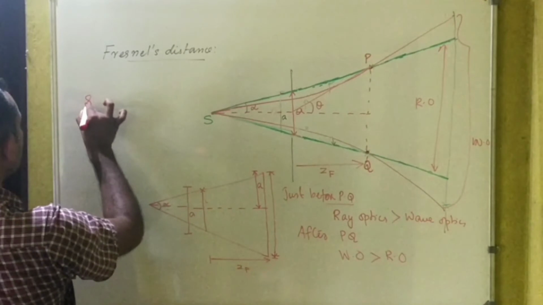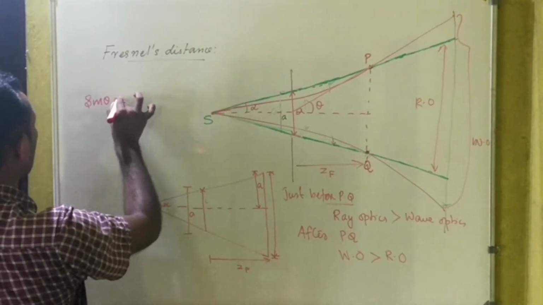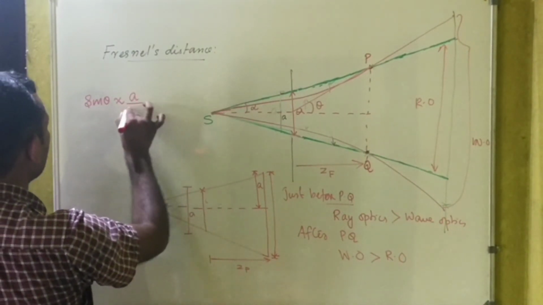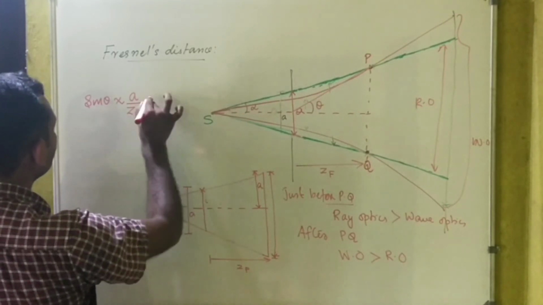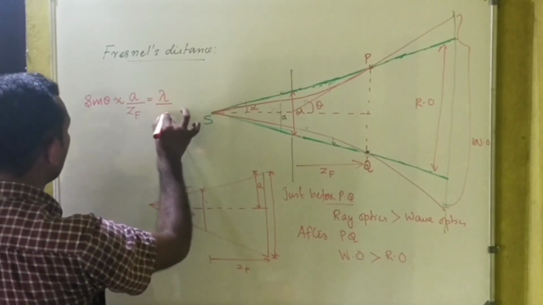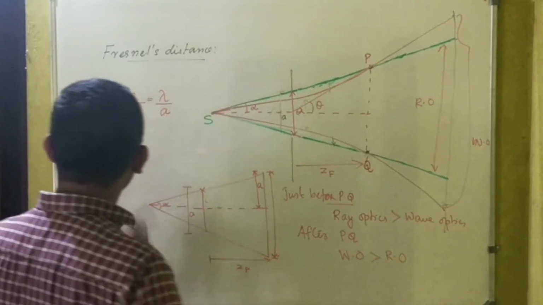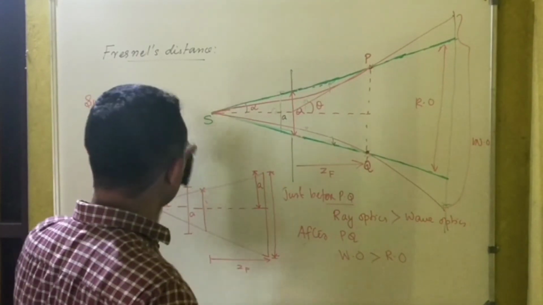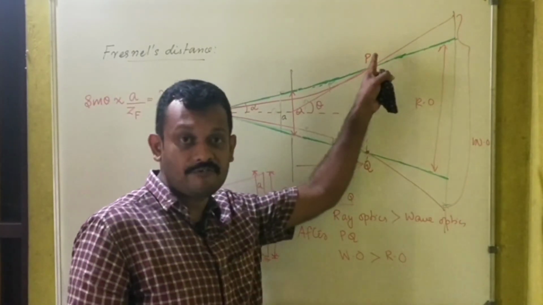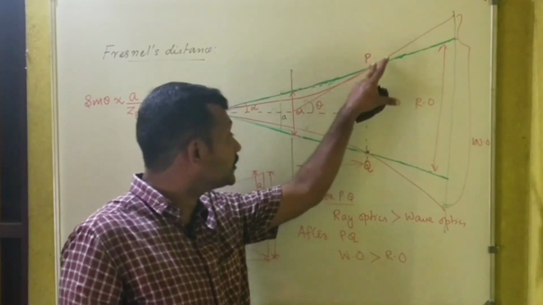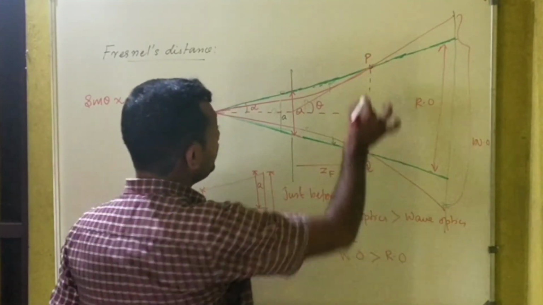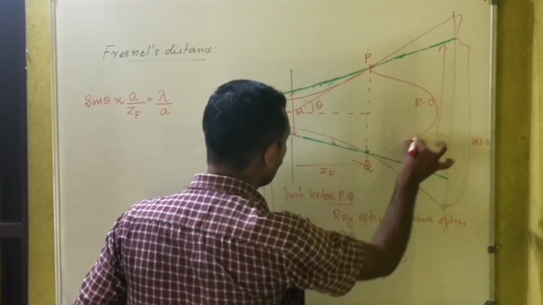Now from here you can see that sine theta is approximately equal to A divided by ZF, that is also equal to lambda divided by A, for the formation of the first minimum. So this is the width of the central maxima.